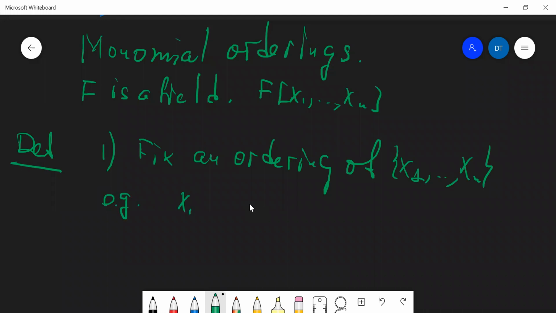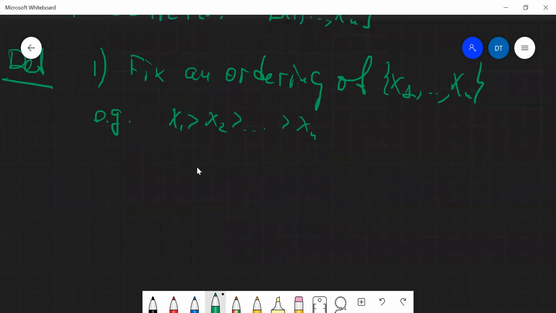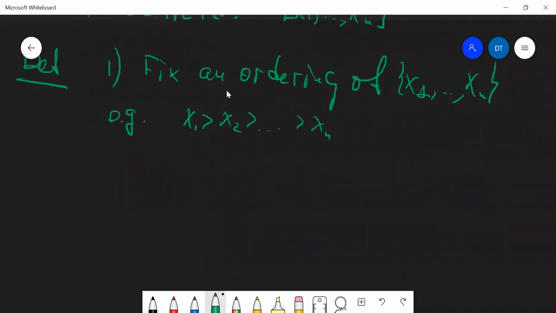For example, we may take x1 greater than x2, greater than x3, etc., greater than xn. This is like a default ordering, but this is not the only one. You can take the opposite one, or you can take any permutation of the variables. So any ordering is valid, but this is the first thing we need to do.